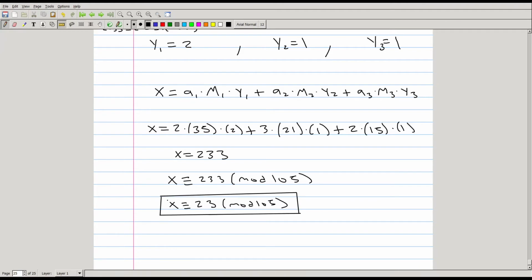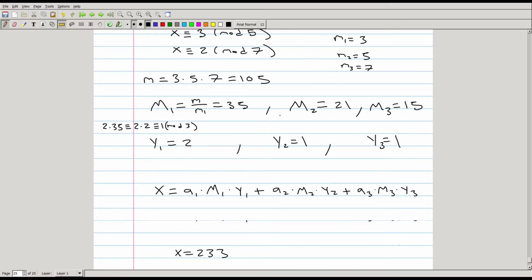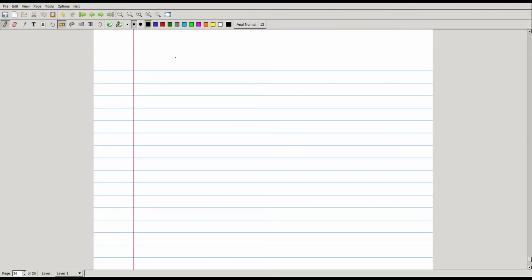Any integer that's congruent to 23 mod 105 is a simultaneous solution to these 3 linear congruences. Now, this is not necessarily the quickest method. A quicker method would be to use what's called back substitution to find all integers x such that this is true.